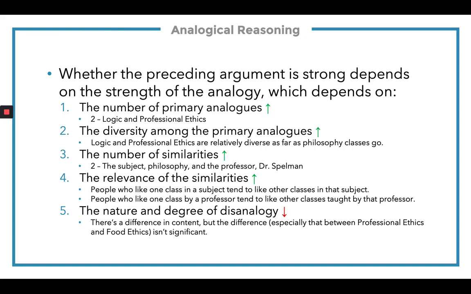When we look at professional ethics and food ethics, we might think there's not much of a difference between these two. They're both ethics classes, so not a big disanalogy there. Also, the specificity of the conclusion. I've already said the conclusion is pretty weak, just that it's probably going to be fun. And the weaker the conclusion, the stronger the analogy.